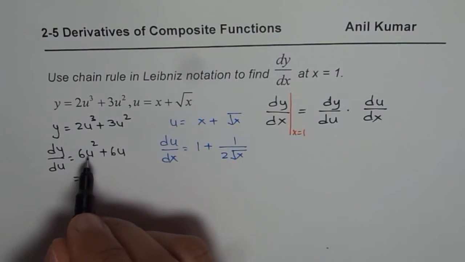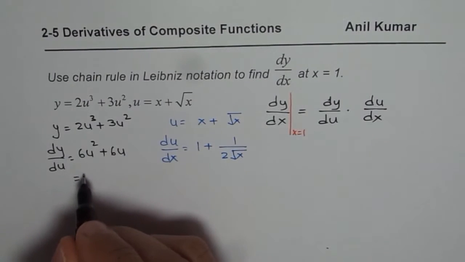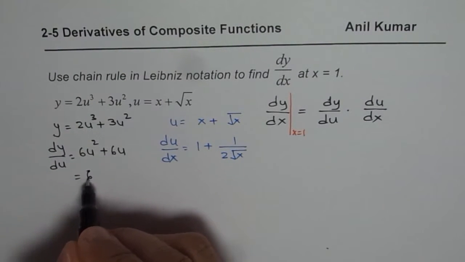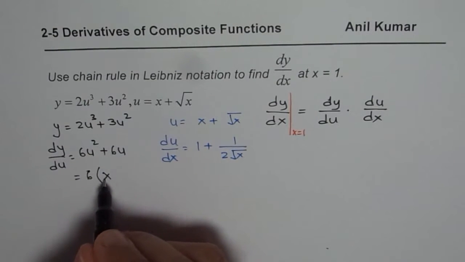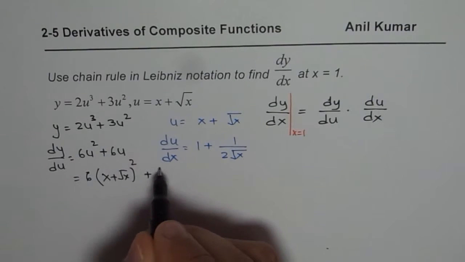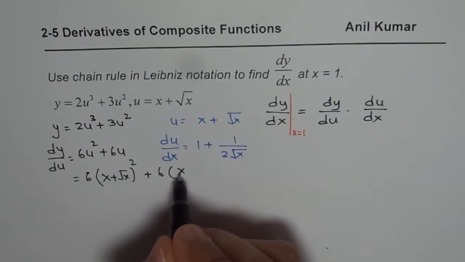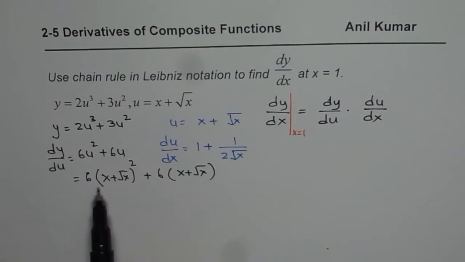So if you change u to x plus square root x, you could write this as 6 times (x plus square root x) whole squared plus 6 times (x plus square root x). Correct. So that is the expression for dy/du.